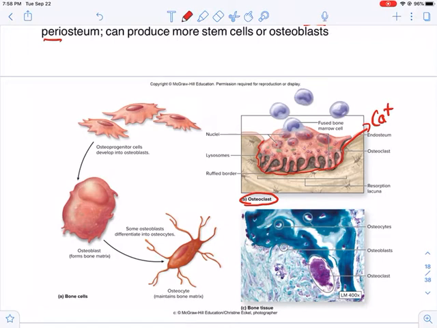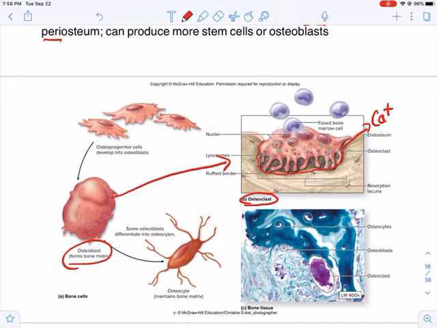Now, when you're young, once the osteoclasts have finished and they've eaten away some of your bone, you see over here our osteoblasts will come along, and if there's enough calcium in the bloodstream, a little bit of excess, they will take that and start to build back up that area of the bone. So we have this nice balance when we're younger between osteoclasts and osteoblasts.